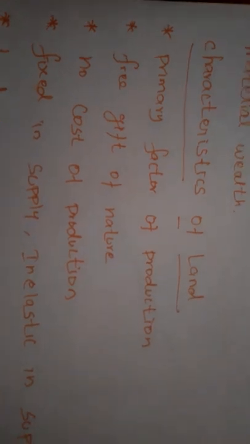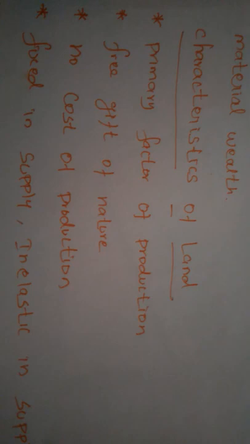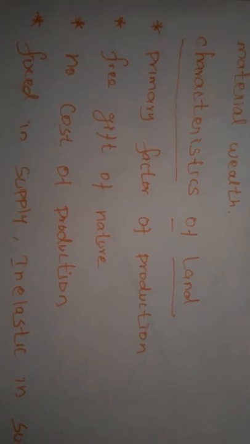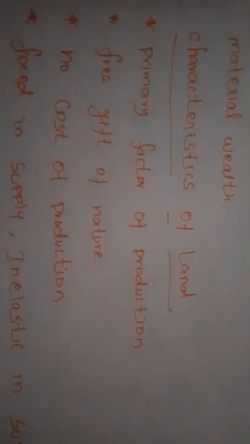Land is a primary factor of production, because in both the agricultural and industrial sectors, we can't produce anything without land. Even if the industrial sector wants to construct a building, land is important. Likewise in agriculture, without land we can't produce any crops.